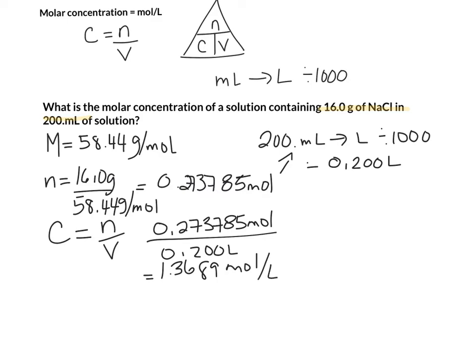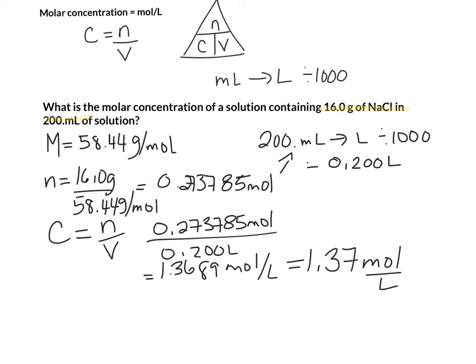If you go back to the initial data, 16.0 and 200 both have 3 significant digits. So our final concentration is 1.37 moles per liter.